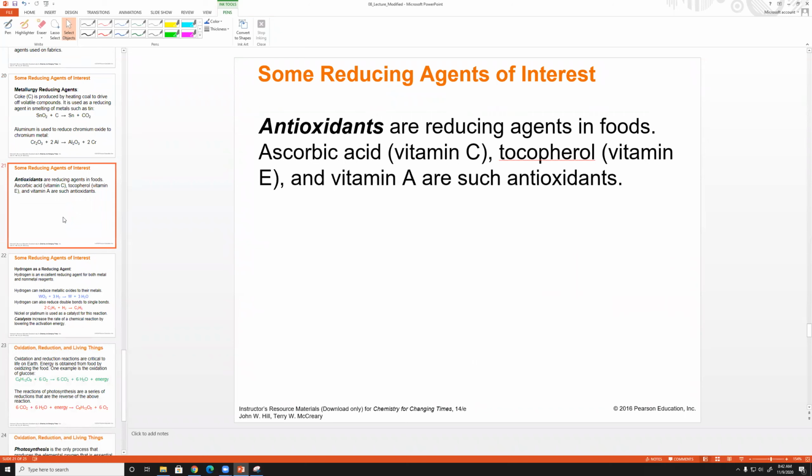Then we have antioxidants. So antioxidants are very important. I'm sure you've heard of a lot of different types of antioxidants. Vitamin C, all the different vitamins act as antioxidants for the most part. Different foods have antioxidants, like these different vitamin shakes, and foods like broccoli have a lot of antioxidants.